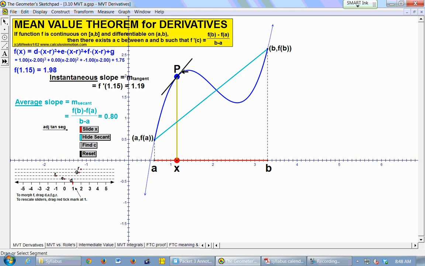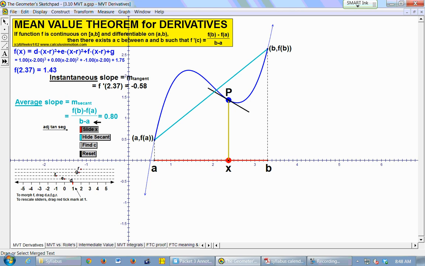So I am looking for a point, an x value between a and b, somewhere in this interval, that will make this tangent line at point P here parallel to the secant line. So I'm going to just have it animate here, and we go there, right, and there.